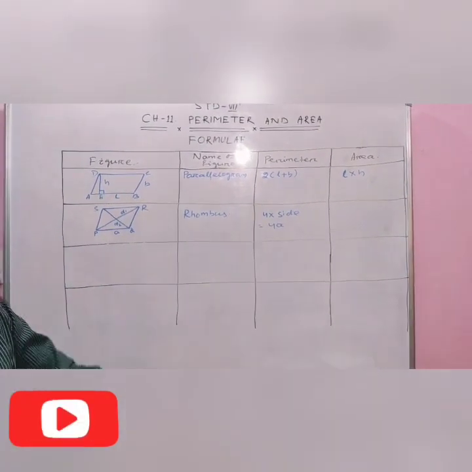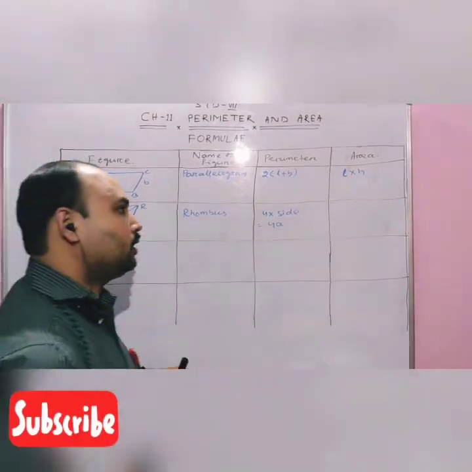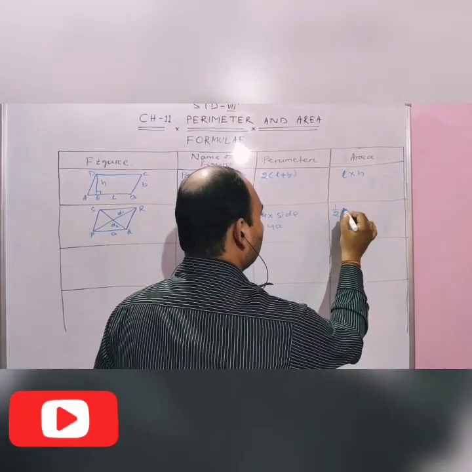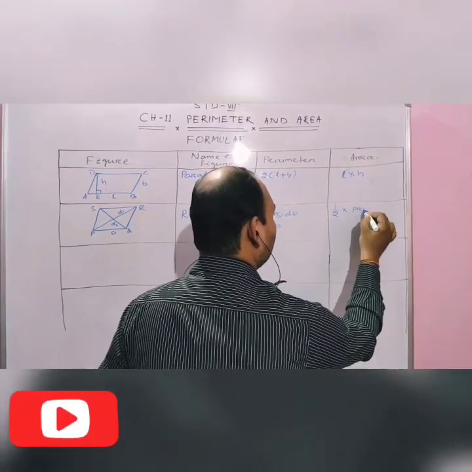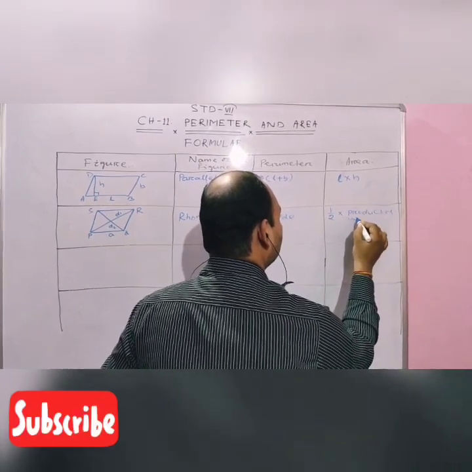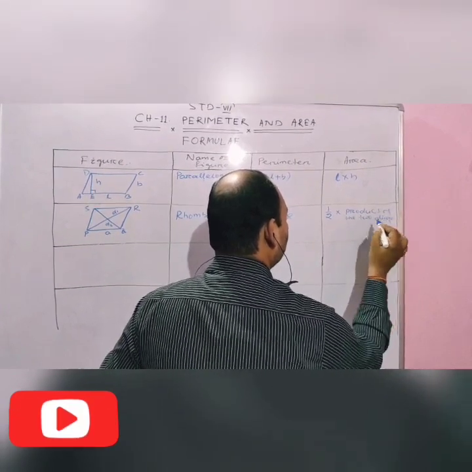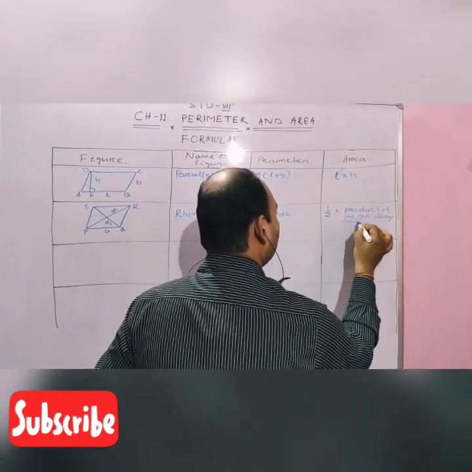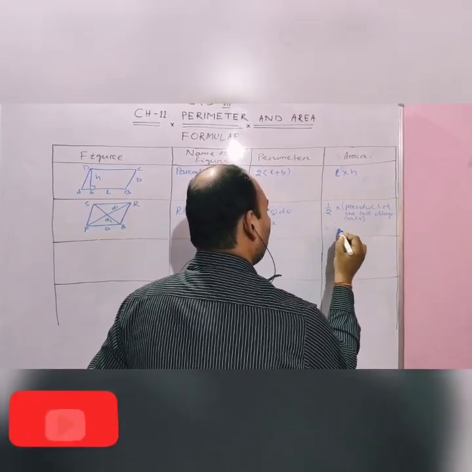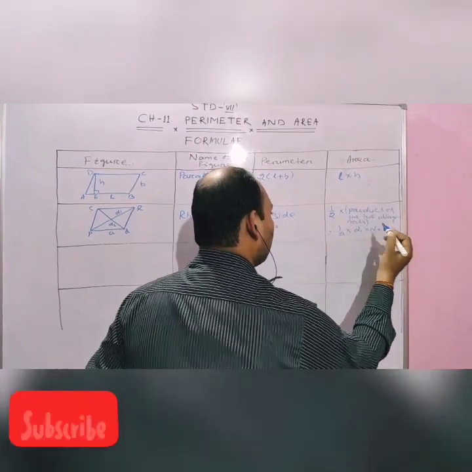Then what is the formula of area? The area of the rhombus is 1/2 into the product of the two diagonals. You can write 1/2 into D1 into D2.